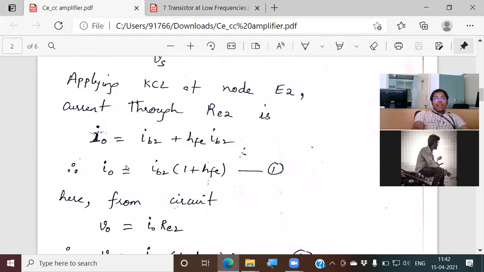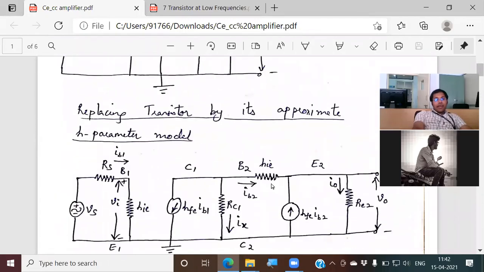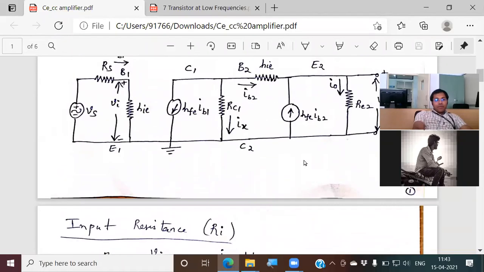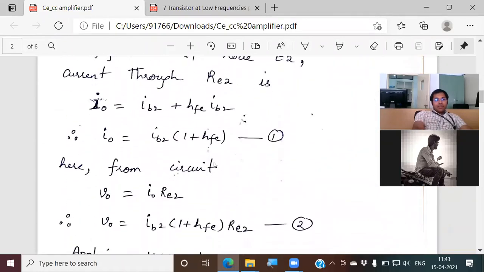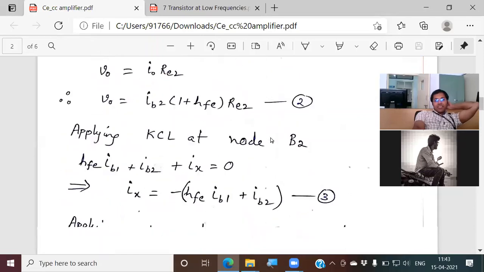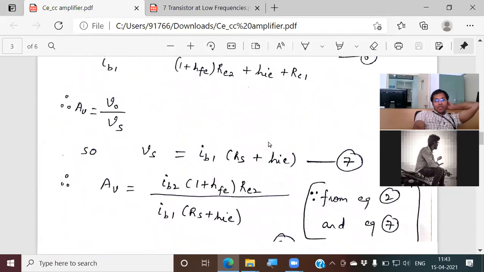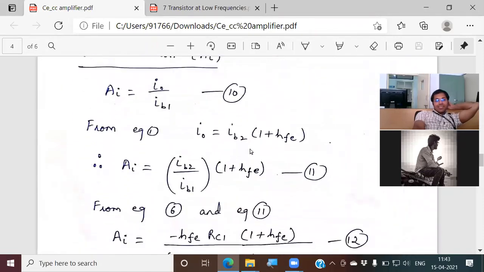We saw I naught was IB2 and HFE IB2, so I naught is IB2 into 1 plus HFE. We already did that in the last class. Let us directly take it from equation 1, and replace this I naught.